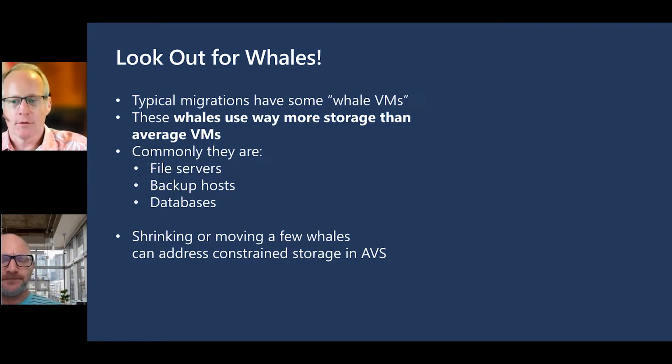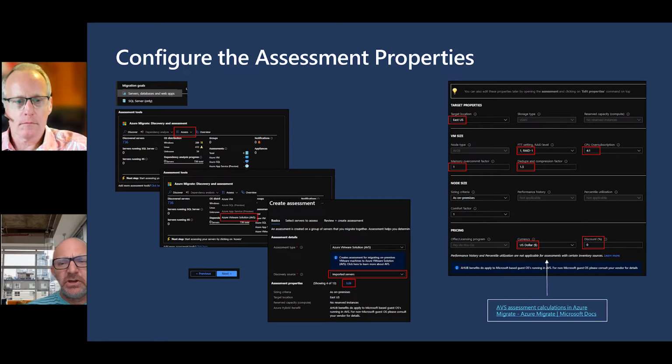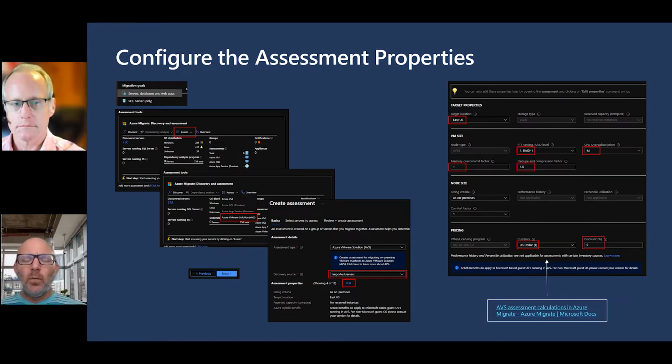Yep, exactly. Right. So just to dive into how to do the assessments of Azure Migrate, or any assessment, quite honestly, whatever tool you're using. When you use Azure Migrate to do the sizing, there's a few knobs you're going to have to pay attention to that are going to impact your sizing output.